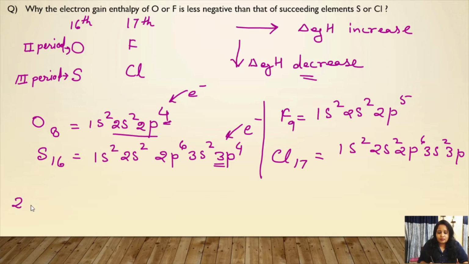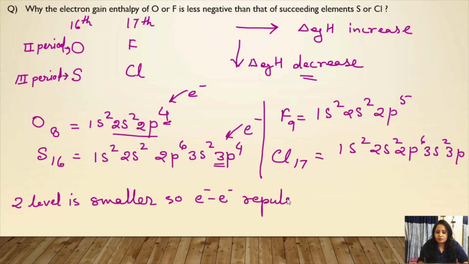The second level is smaller, and so electron repulsion is there.